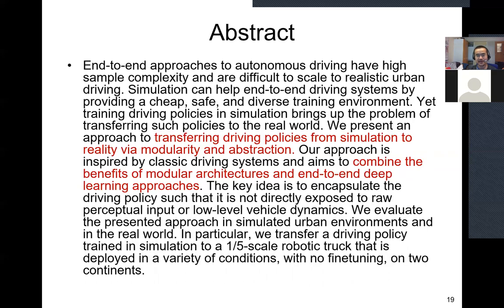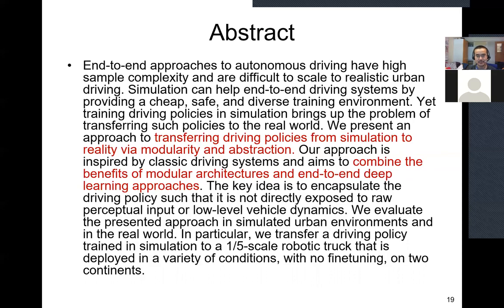So they present an approach of transferring driving policies from simulation to reality via modularity and abstraction. It's inspired by classic driving systems and aims to combine the benefits of modular architectures and end-to-end deep learning approaches.